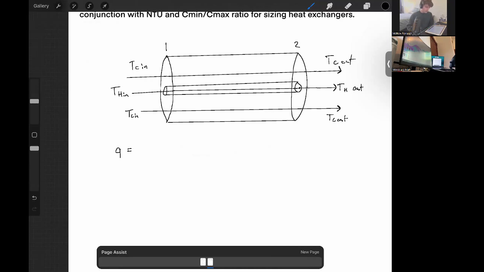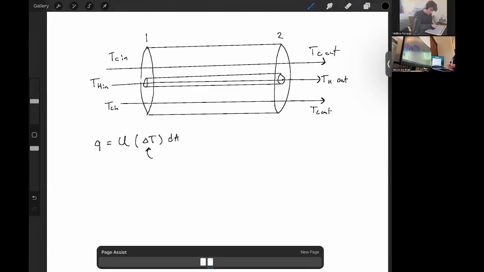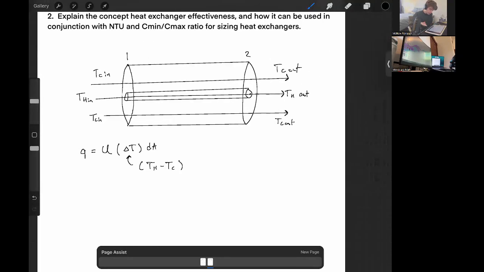To start with a beginning equation to describe heat transfer, there's going to be some overall heat transfer coefficient multiplied by some change of temperature multiplied by the change of area. We know that this change of temperature is probably going to be the temperature of the heat minus the temperature of the cold countercurrent, right?